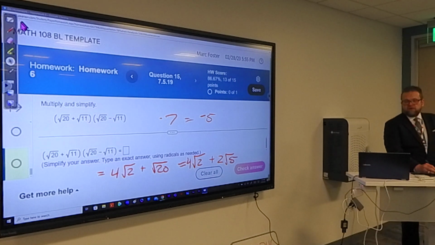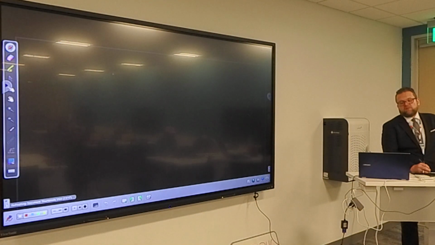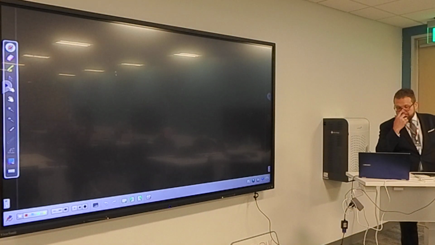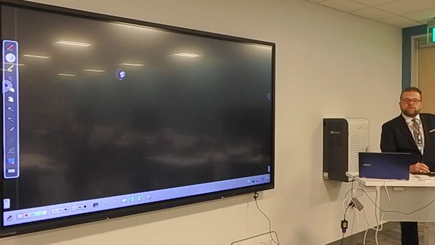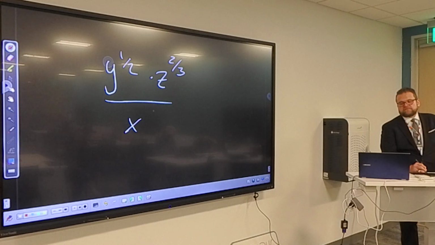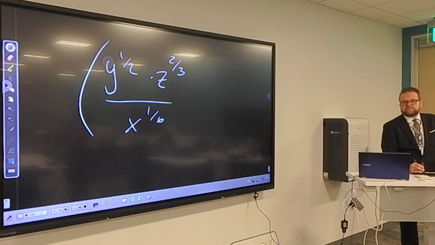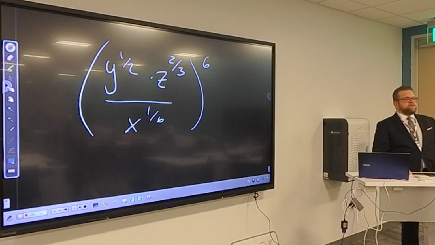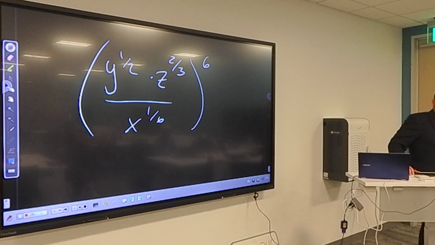You'll notice that on the homework, nowhere did they have you type in the answer with exponents in radical notation. So there was not a problem like, say, this one. But there is a problem like that on the midterm and the signature assignment and the final.